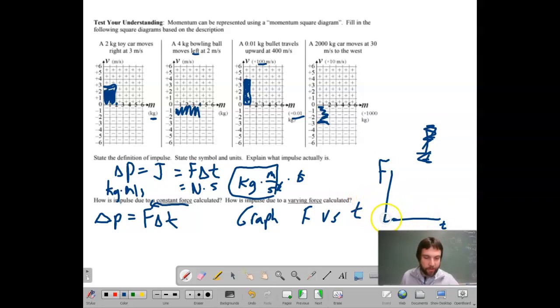Let's say we have a force that does this, and we wanted to find to this point right here. We would just find the area under the curve. So when you find the area under the curve, you are multiplying your y-axis by your x-axis. So area under the curve for force versus time.